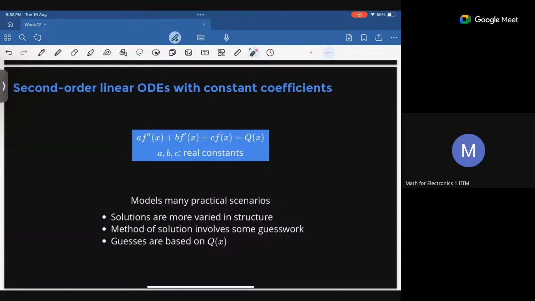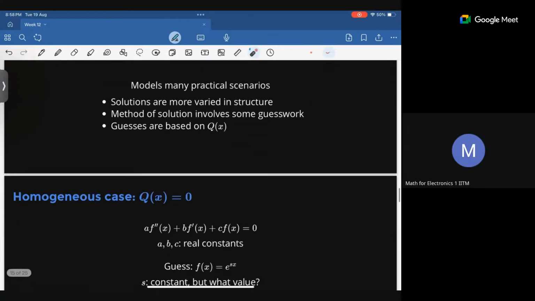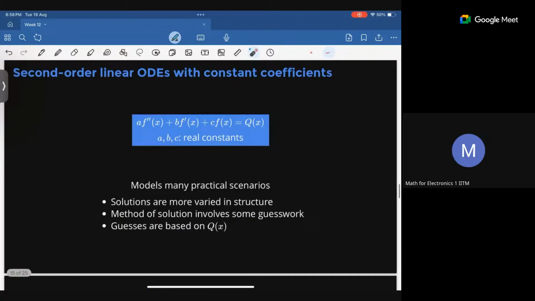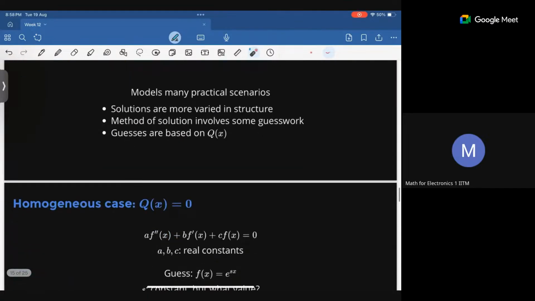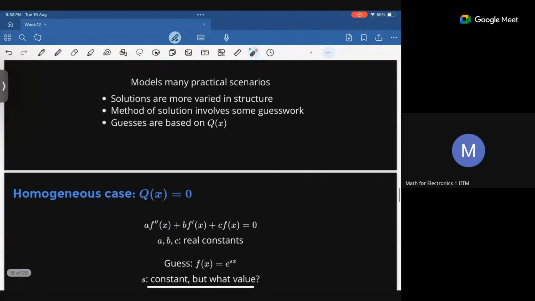There are some methods also, but mostly guessing is needed for solving second order ODEs. So we'll also see that. But before that, we'll start with easy cases and build from there.